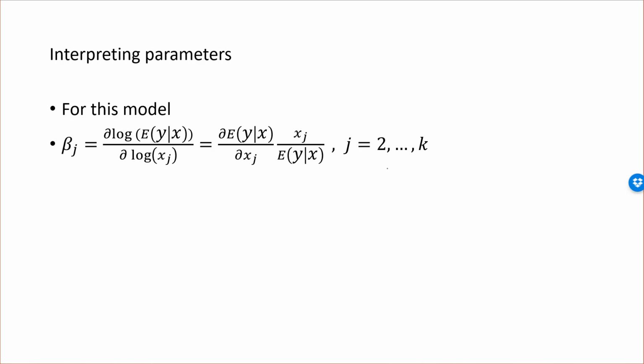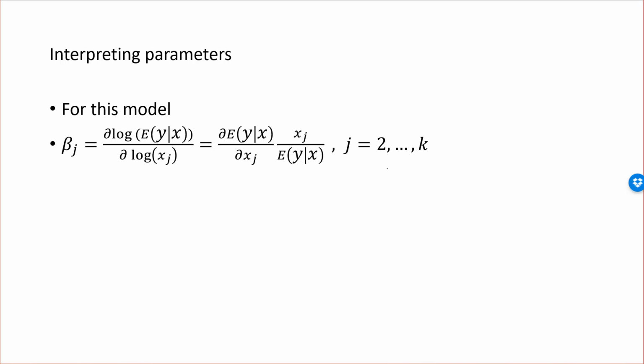Beta j, where j is now any number from 2 to k, not the beta 1, can be viewed as the derivative of log expectation with respect to log x j, or as the derivative of the expectation with respect to x j times x j over the expected value of y given x.